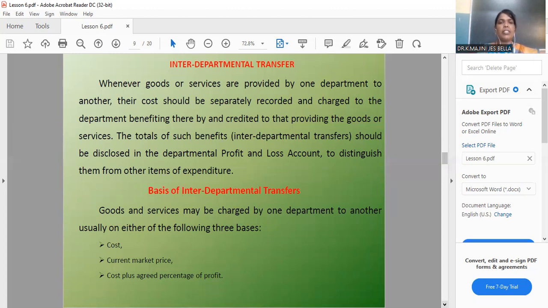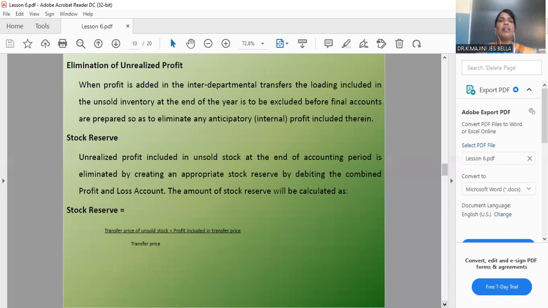Okay, so then we can see the basis of interdepartmental transfers. Goods and services may be charged by one department to another, usually on one of the following three bases. What are the bases? Cost basis, current market price, and cost plus an agreed percentage of profit. Then we can see the elimination of unrealized profit.